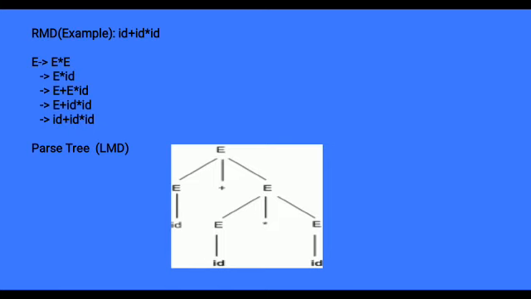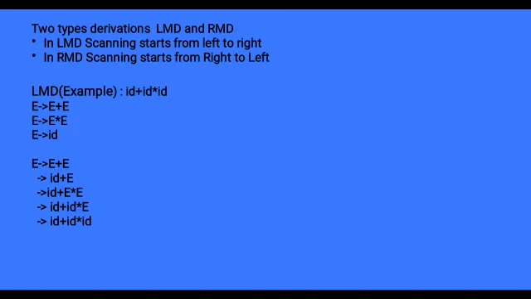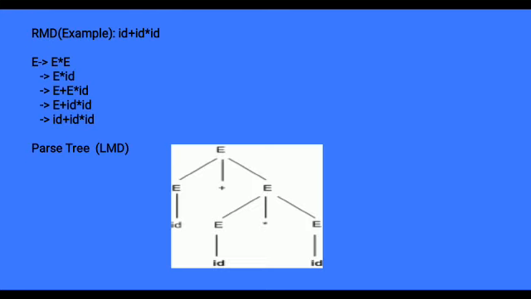Coming to the rightmost derivation, the name itself says right to left. So I proceeded here with E tends to E into E. Again you can substitute E with E plus E and E with id. So first of all E into E, last E is substituted with id, because it is rightmost derivation, I have to proceed right to left. Last E is substituted with id.